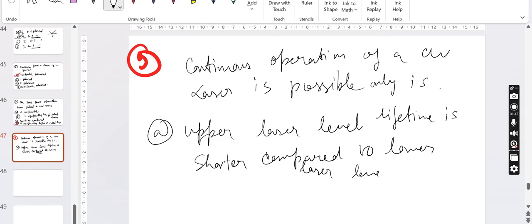That will not sustain the population inversion, so that is not true.